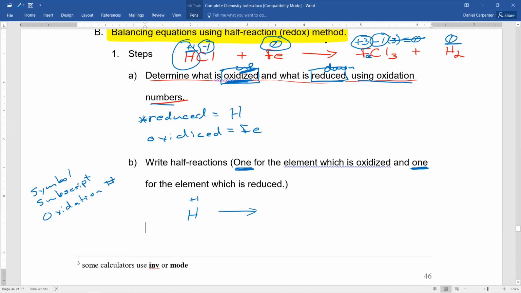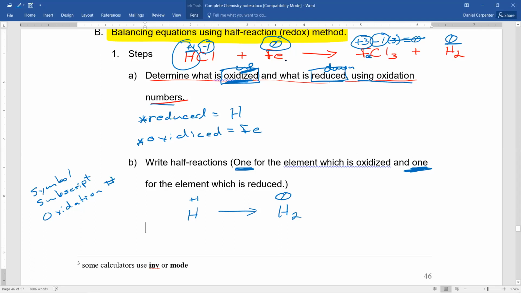On the right, we're still talking about hydrogen. So symbol, subscript, and oxidation number. All right, that was simple enough. Okay, now for the other, oxidized iron.